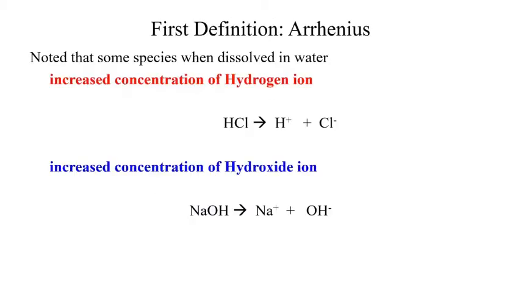So what we would like to do is come up with some way that we could define these things. And that first definition of acids and bases, that now is a little bit broader than H in front and AQ in back, came out with the Arrhenius Definition. And so in his definition, what he went through and said was that if we take a substance, namely an acid, and we add it to water, what happens?